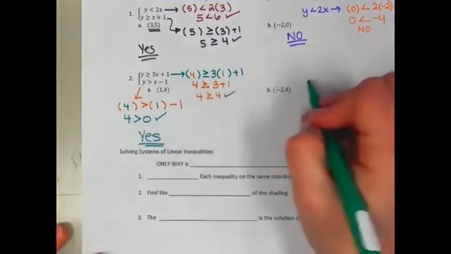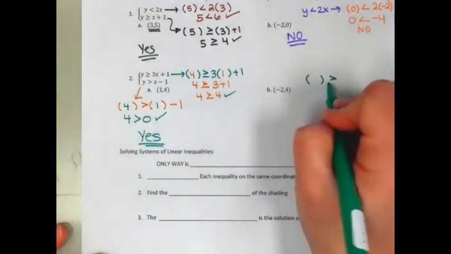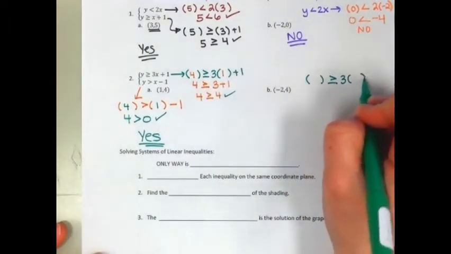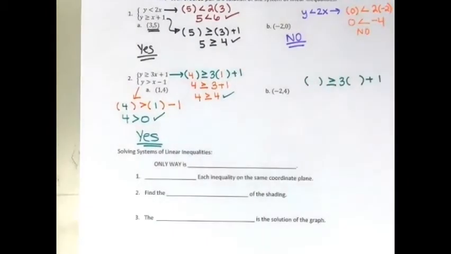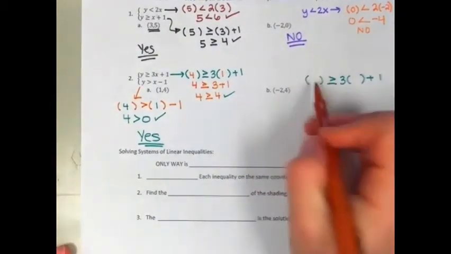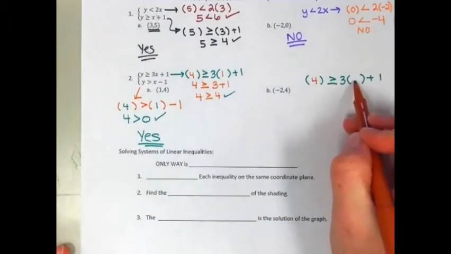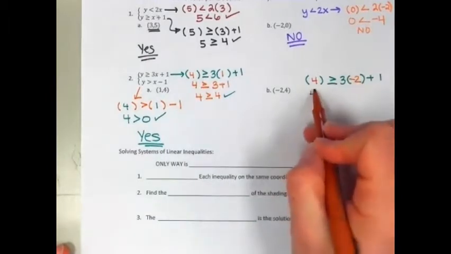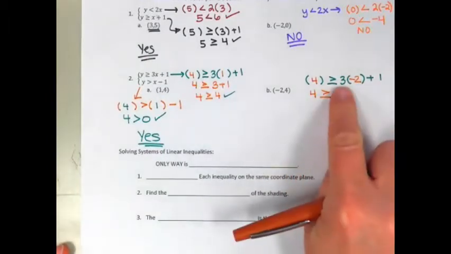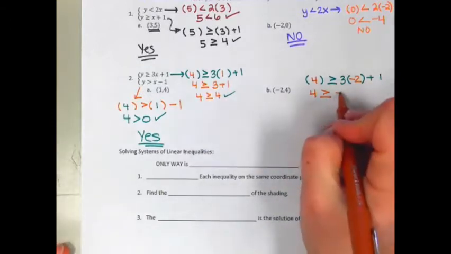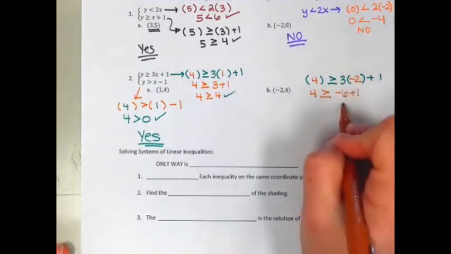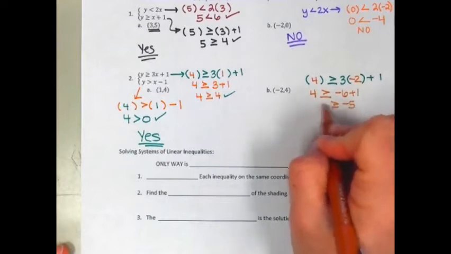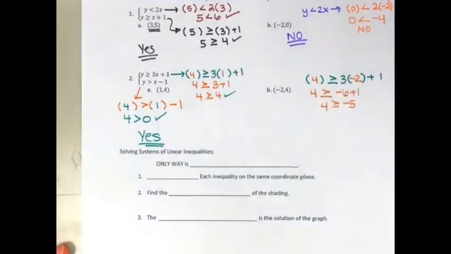Let's try the first one again. Is y greater than or equal to 3 times x plus 1? What is my y? 4. And what is my x? Negative 2. All right, so is 4 greater than or equal to, what's 3 times negative 2? Negative 6, and negative 6 plus 1? Negative 5. So is 4 greater than or equal to negative 5?